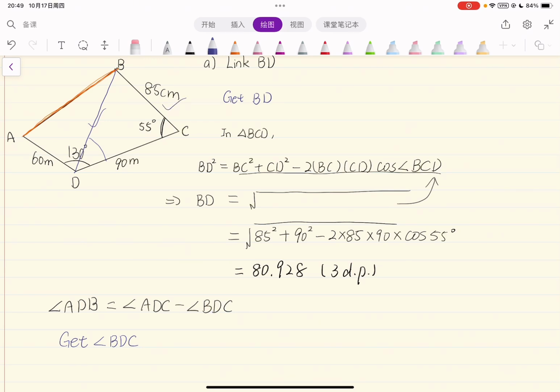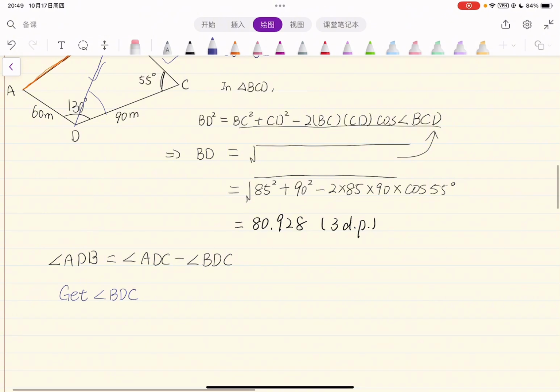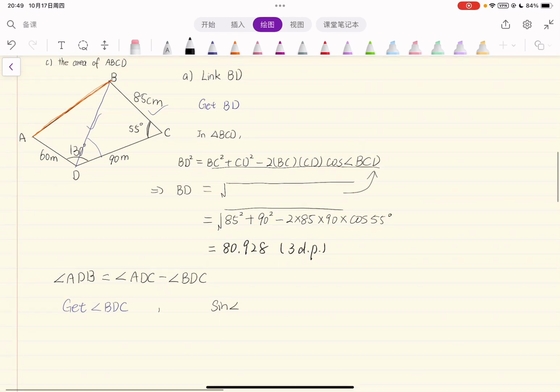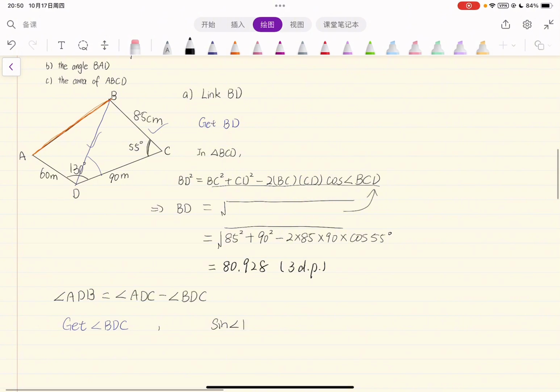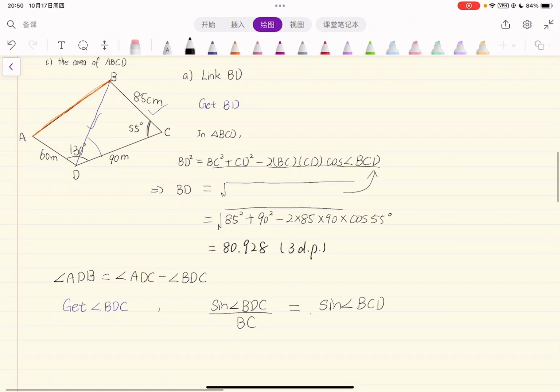So we can use the sine rule to do that. We can write down that sine of angle BDC over BC equals sine of angle BCD over the opposite side BD.